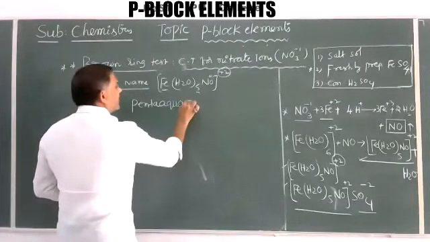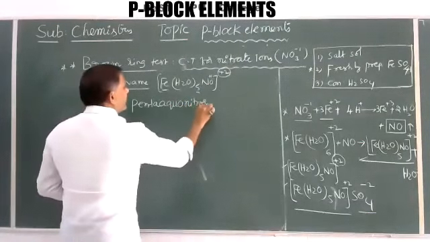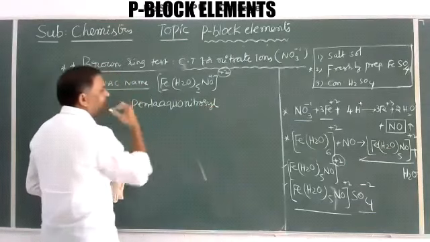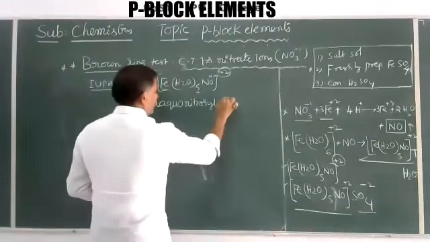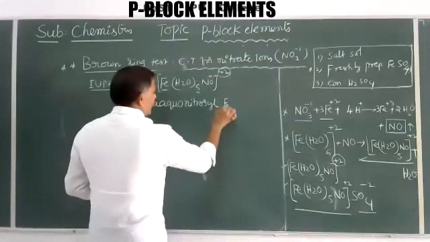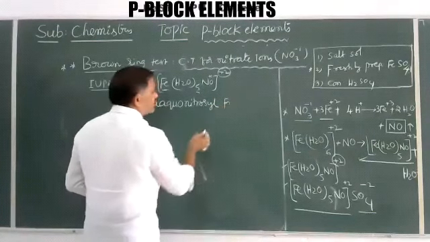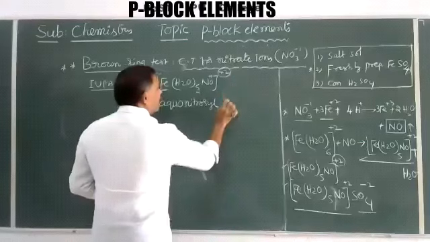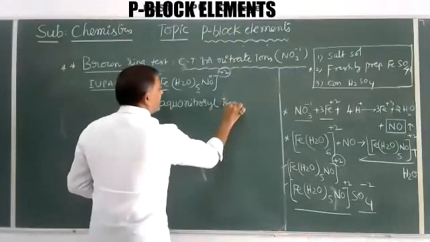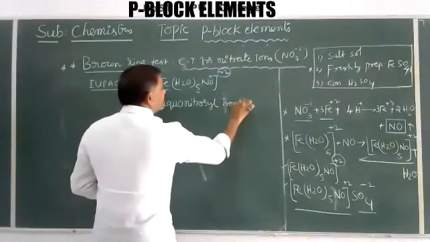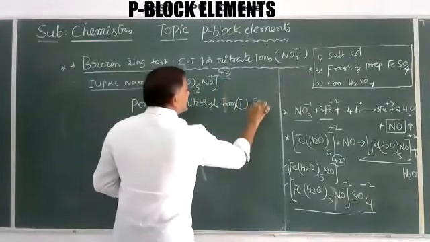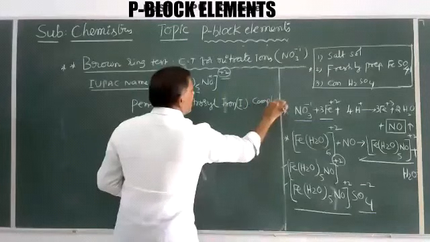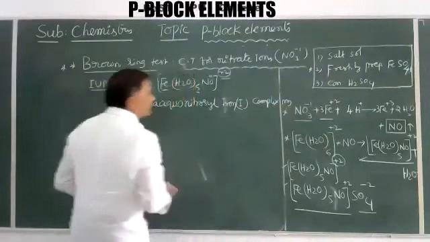NO plus means nitrosyl. Then we write iron, nitrosyl iron. Its oxidation state is only 1. Since it is an ion, we can write its name as a complex ion.